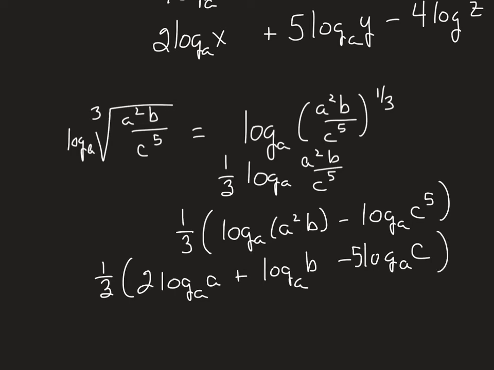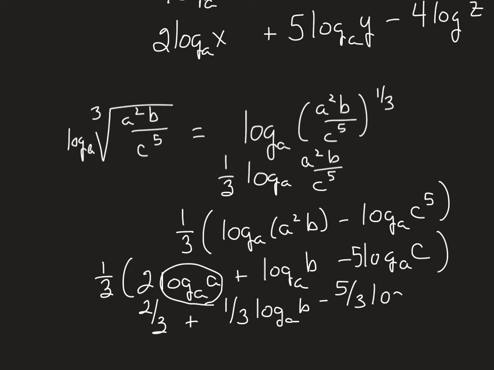And then we can take it one step further. Log base a of a is 1, so we have 2/3. You want to simplify that. Plus 1/3 log base a of b minus 5/3 log base a of c. And we have gotten that completely expanded.